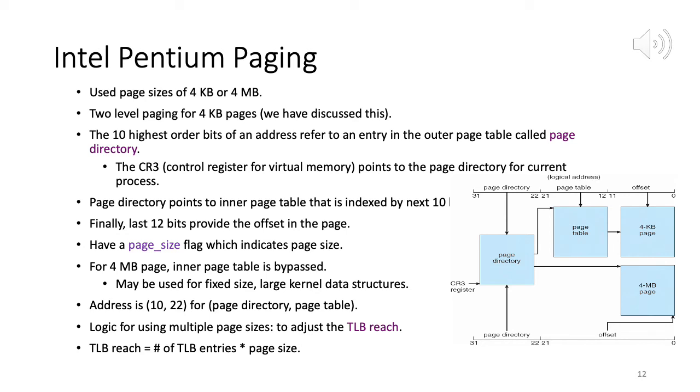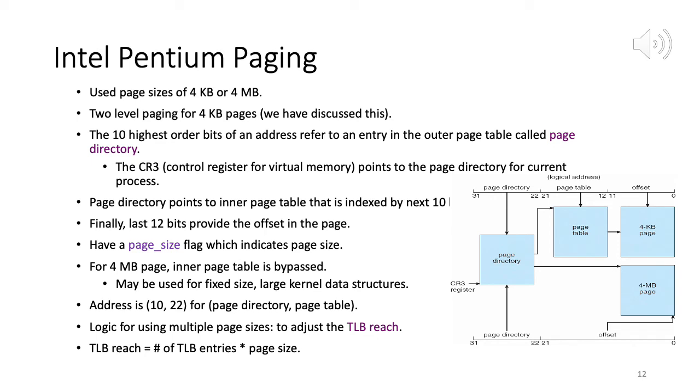So the worst loss that we can have is that of one page, one frame. So if the frame size is small, that internal fragmentation is minimized. For example, if the size is 4K versus 4M. So naturally, minimizing internal fragmentation seems to argue for a small page size. So that is one good point.